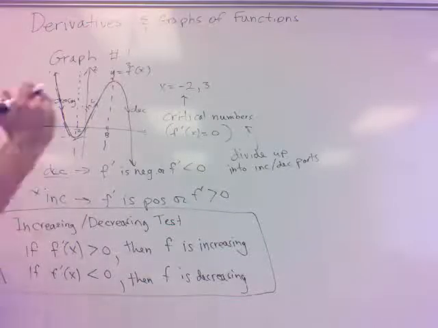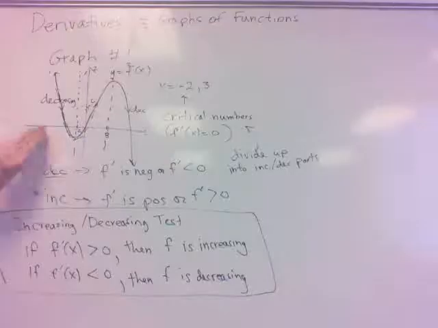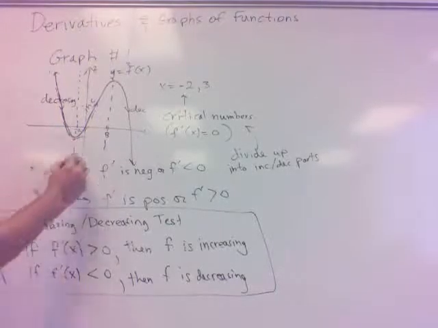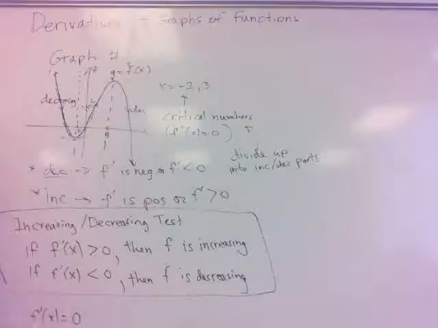And then tying that with the critical numbers there. Now, at the critical numbers in this particular case, is it increasing or decreasing? At the critical numbers the slope is 0. Well, if your slope is 0, if f prime is equal to 0, is that increasing or is that decreasing?